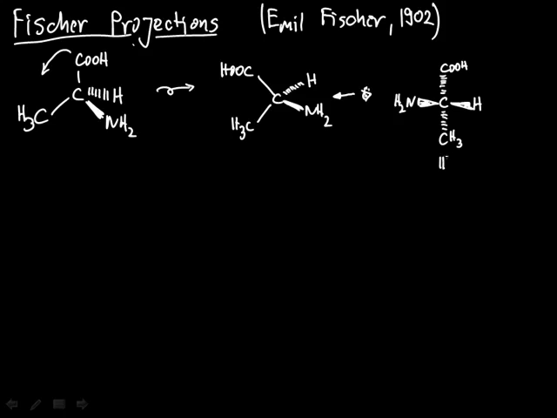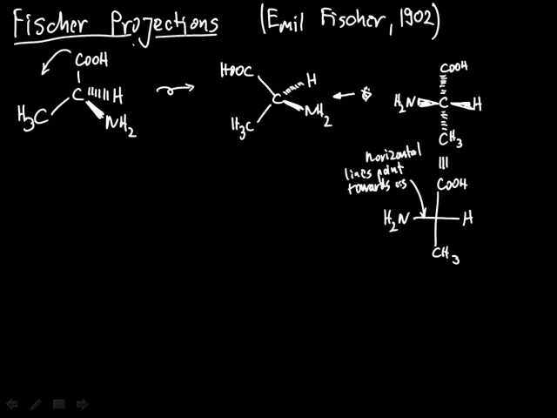Now, the simplification which is inherent to the Fischer projections is that it takes these structures with wedges pointing in the horizontal direction and dashes pointing in the vertical direction, and then replaces all the wedges and dashes with a simple cross. And now this thing is simple, but we always have to bear in mind that the horizontal lines point towards us, so above the plane, whereas vertical lines point away from us.